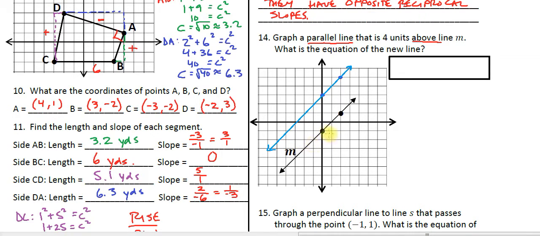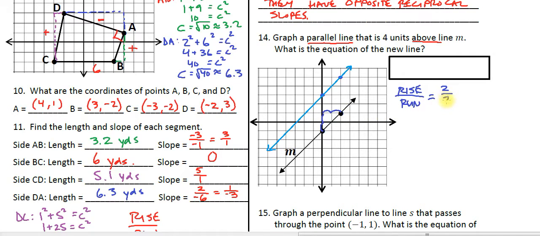Our existing line M had a slope of, let's take a look at our slope, grab one of our points. I'm going to go up 1, 2, so I have a rise of 2. Let's write this. Our existing slope, rise over run, which was equal to positive 2. And then I'm going to go over to the right 1, 2 to get to that other point.